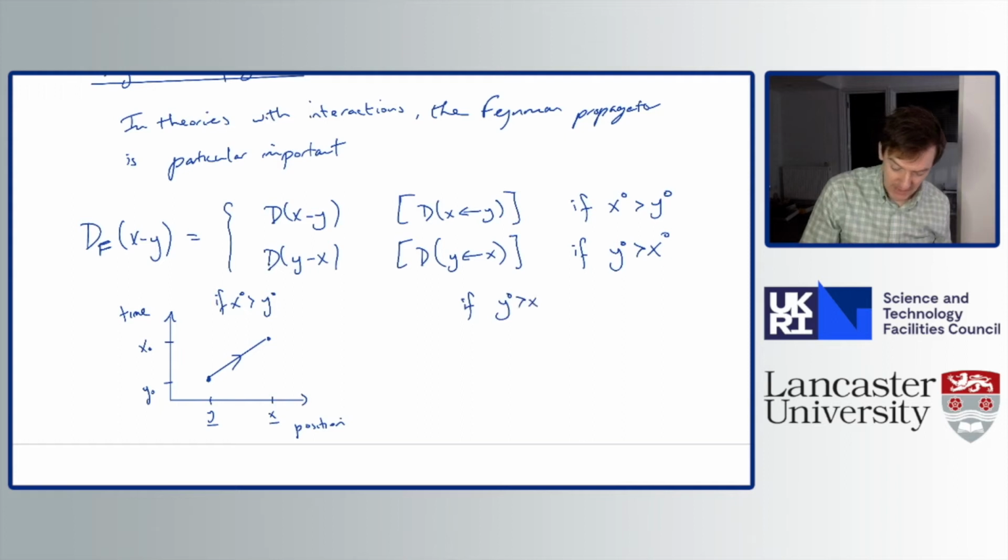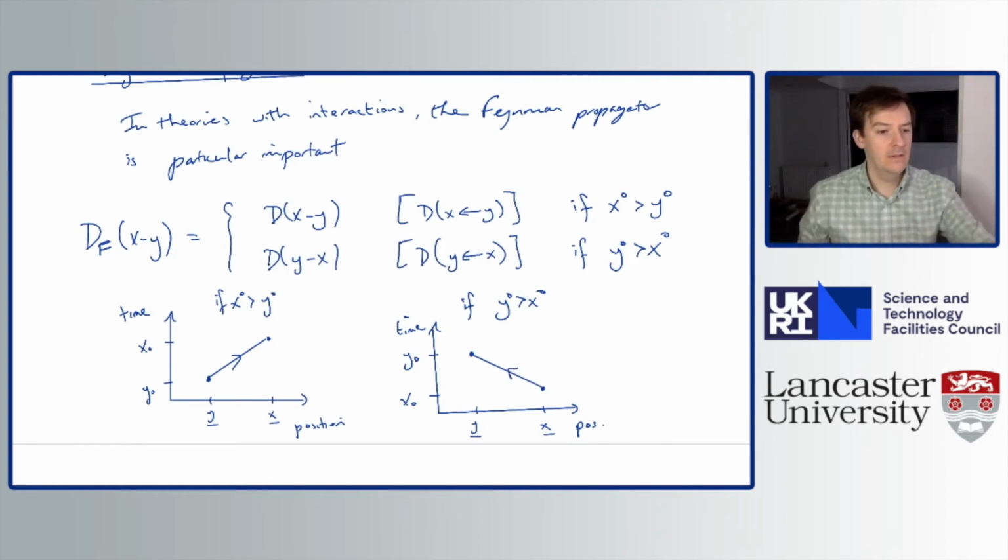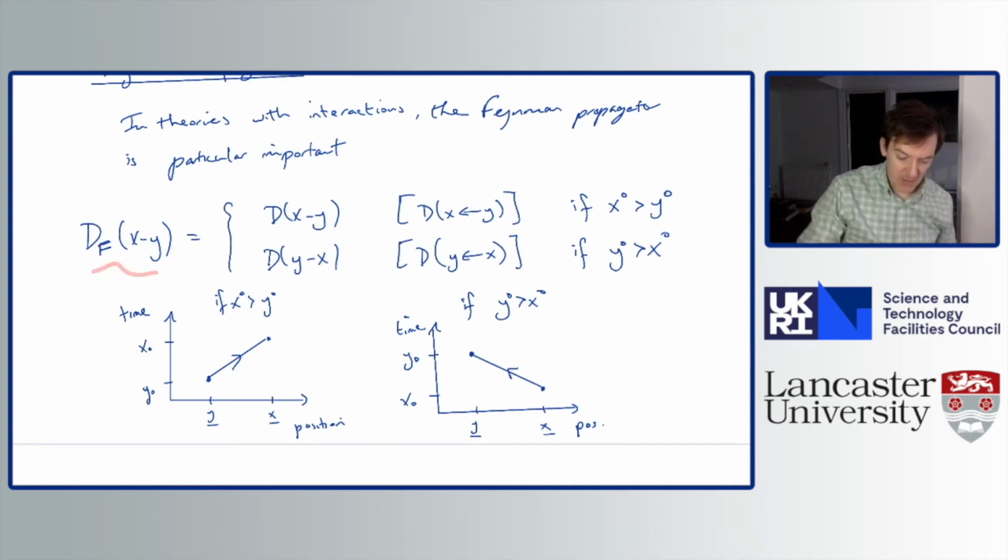Let's think about what happens in the inverse. So when y0 is greater than x0, and we have the position, we have time. Now we have x0 occurring before y0. We can keep our positions the same. So in this case, we start at the point x, and we're going to propagate to the point y. Okay, so this is our definition of the Feynman propagator.